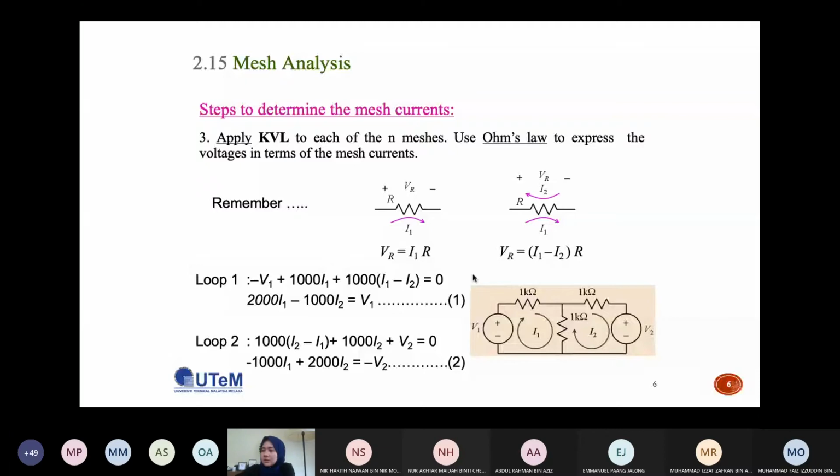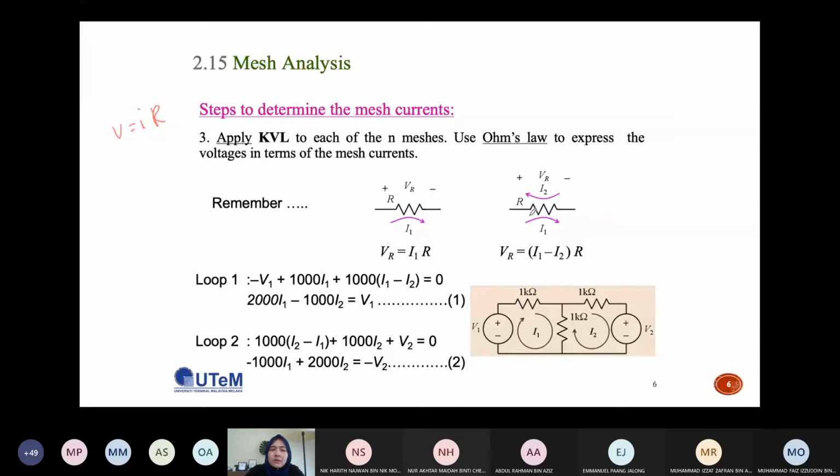If you still remember, Ohm's law is V equals IR. For example, if we want to measure the voltage at this resistor VR, the voltage VR is equal to I1, this current I1, multiplied by R.